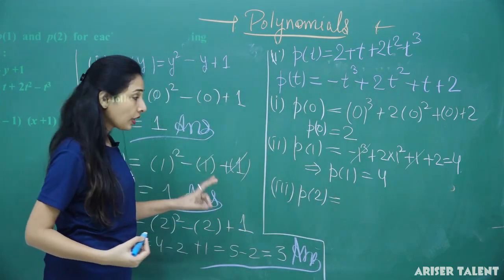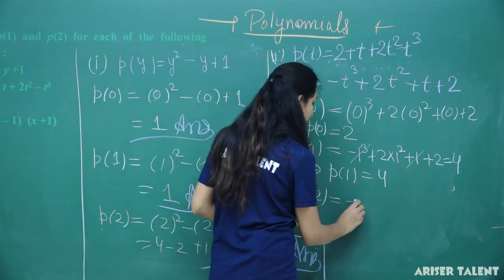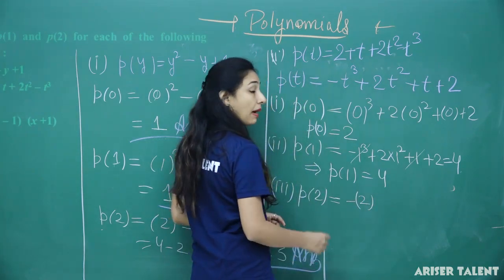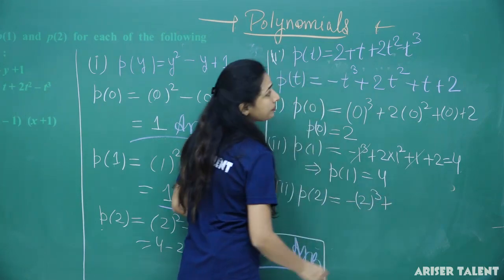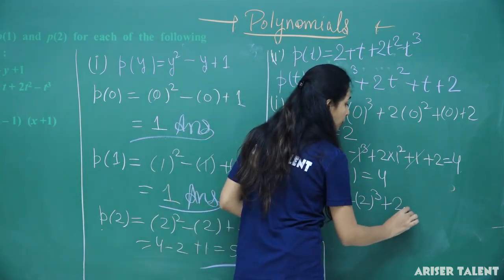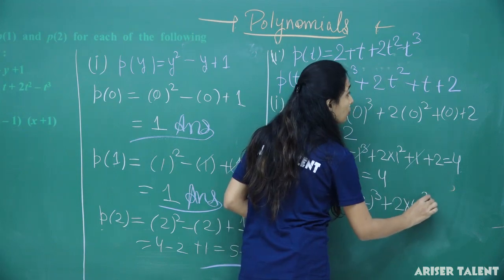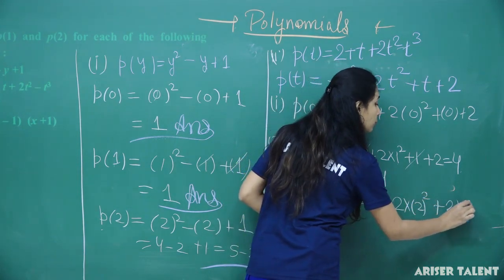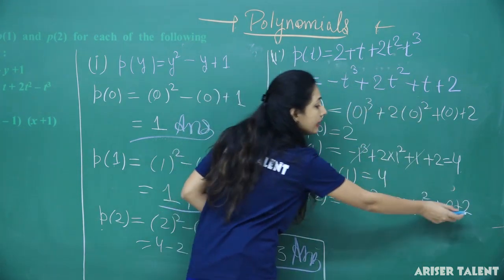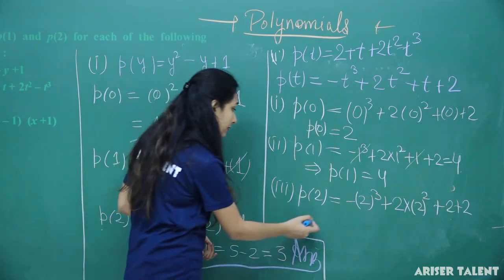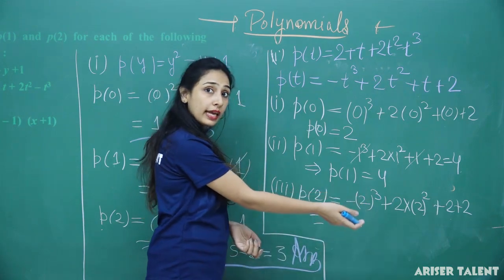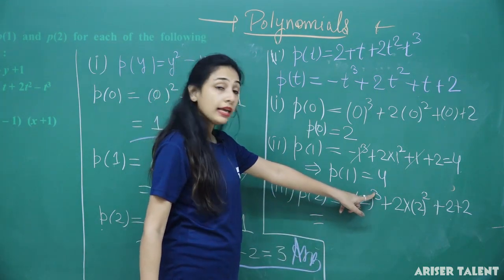Now P2. If I talk about P2, minus of 2 cube plus 2 multiply by 2 square plus 2 plus 2. This 2 is t and this 2 is this 2. Okay, right. So solve this. That will be 2 to the 4 to the 8, so 2 cube is 8.